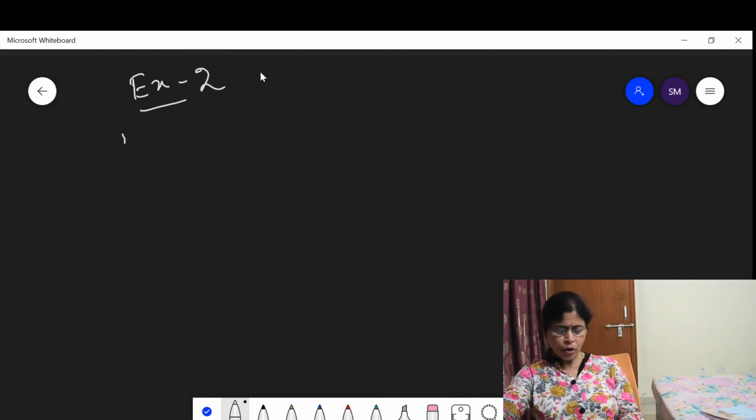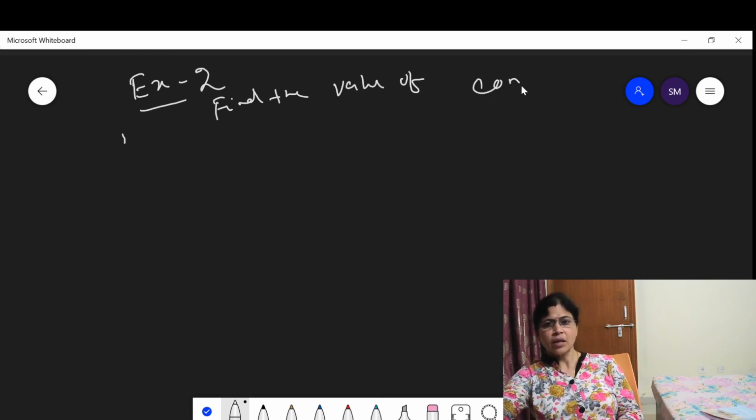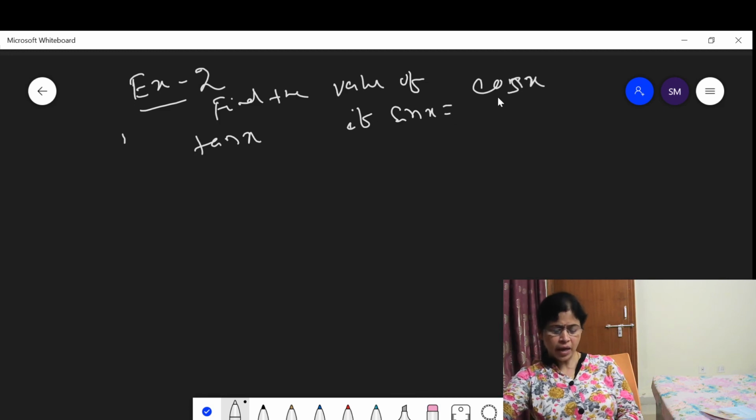Here example 2 says: find the value of cos x and tan x, if sin x is given as minus 3 upon 5 and x lies between pi to 3 pi by 2.